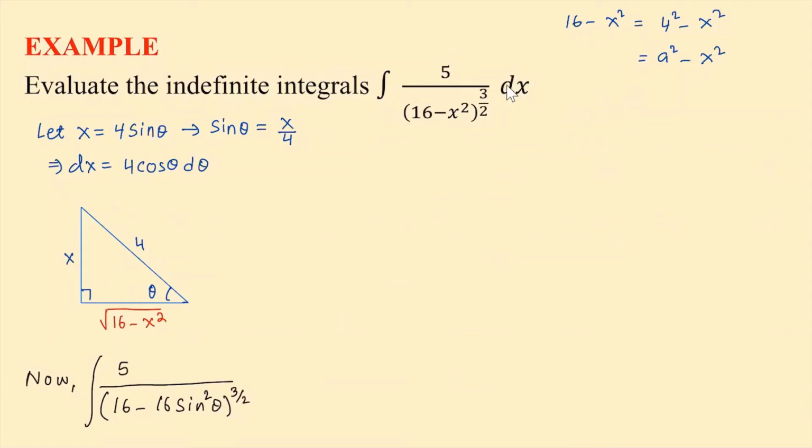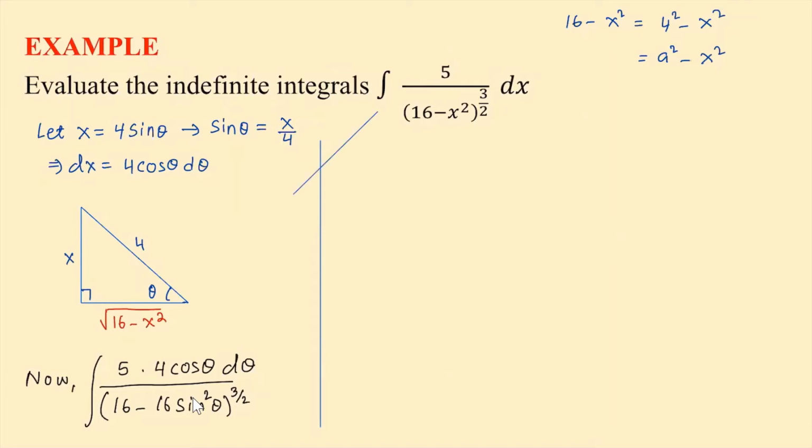And this is times dx, and the value of dx is 4 cosine theta d theta. So we perform the substitution. And now you can see the question which was given in terms of x is now in terms of theta. It looks a little more crazy compared to the given question, but we are going to simplify this and make it neat.